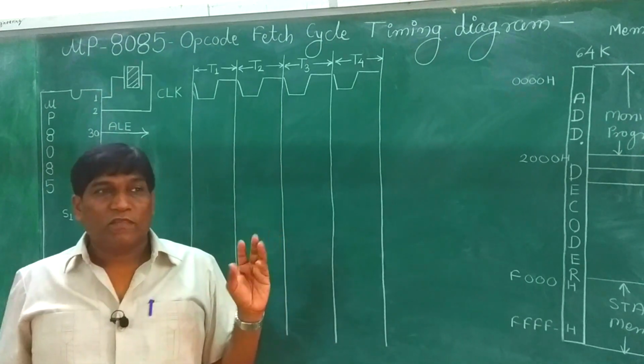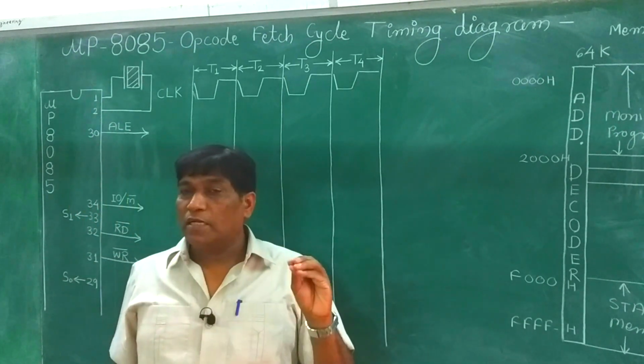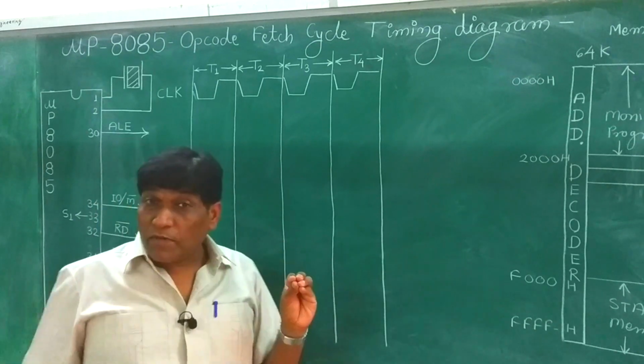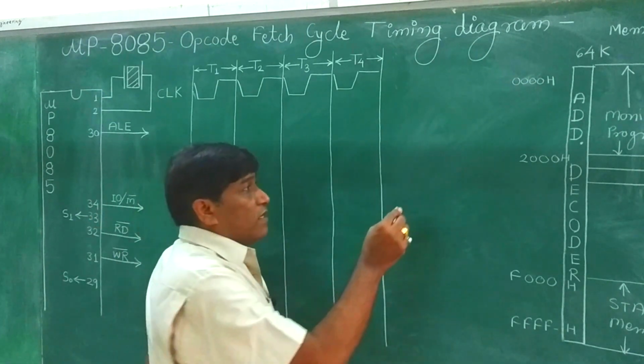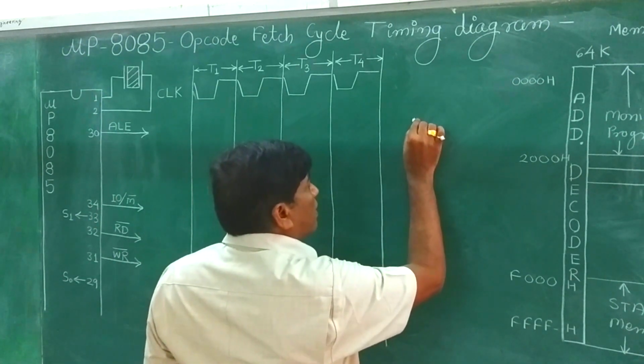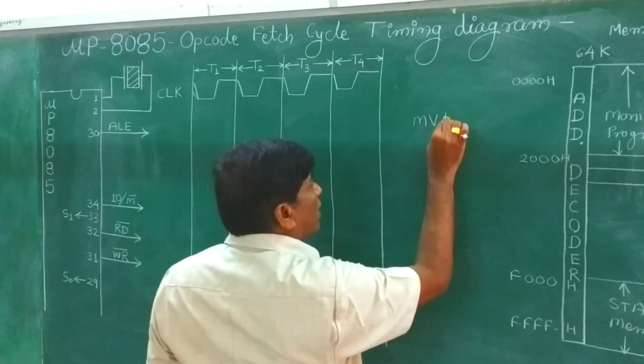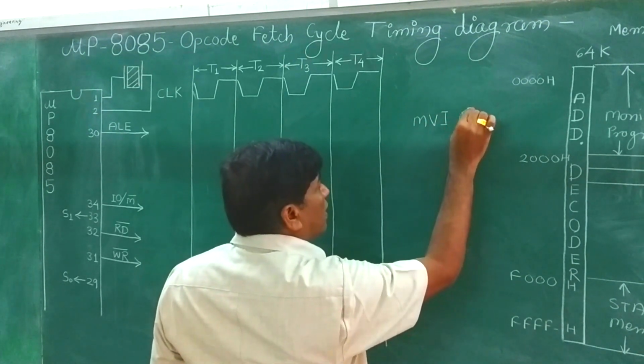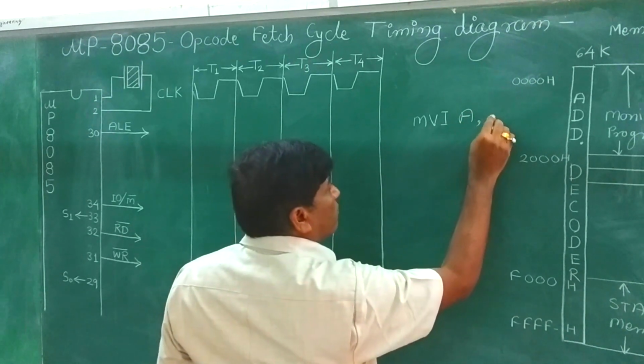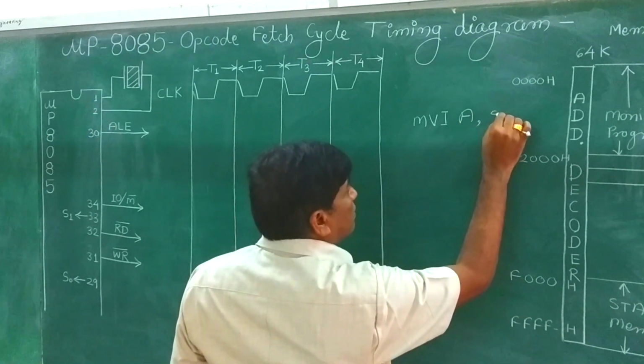So today we are introducing a very simple instruction to you, and that simple instruction is MVI A, say for example with some data 5H.